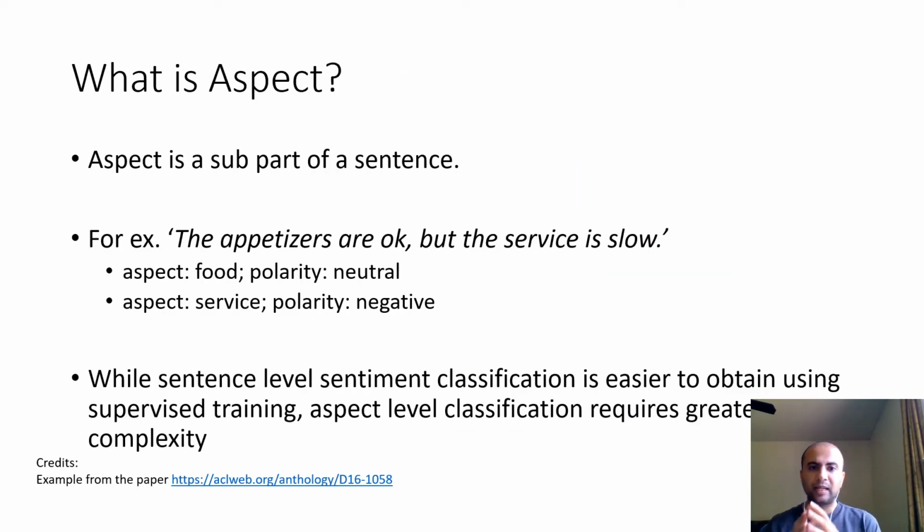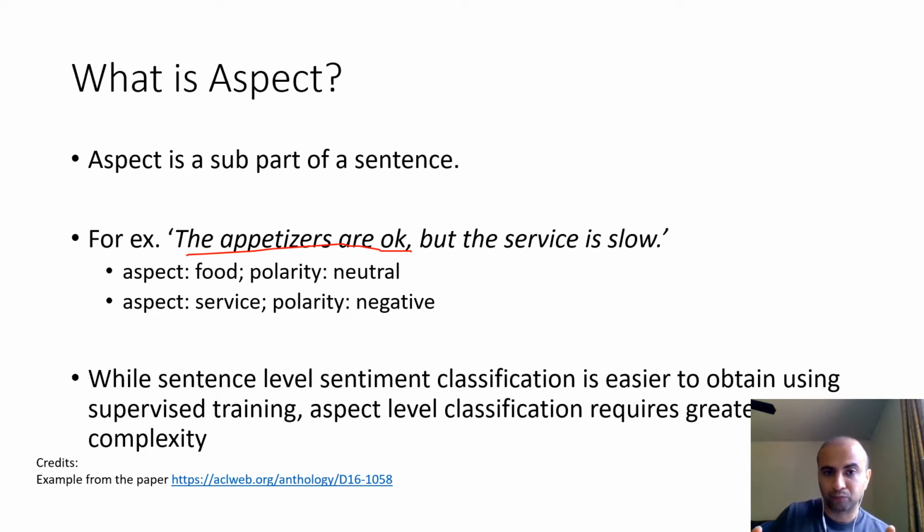Now, that brings us to the core issue that is being addressed by this paper. That is, what is aspect? Aspect is a sub part of a sentence. For example, if you look at this sentence, a review, which says the appetizers are okay, but the service is slow.